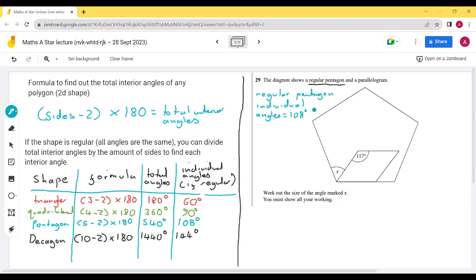And if you didn't know it off by heart, I wouldn't expect you to, you could use this equation to get that and then divide by the amount of sides. But we've got another side to this question because we've got a parallelogram to deal with.